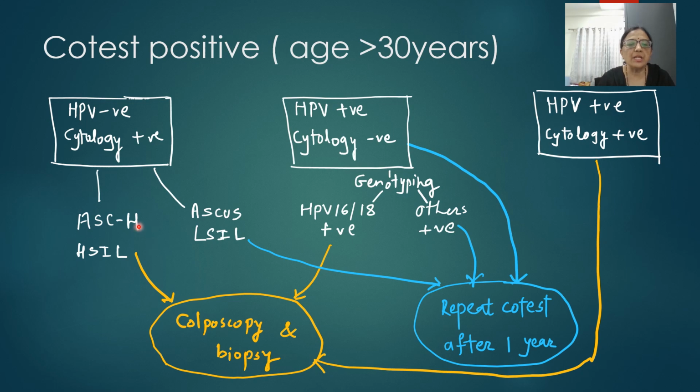Whenever H is there in the cytology report, it is a direct indication for colposcopy and biopsy. So if you understand the rationale, then it becomes easier, even without memorizing, to think about the next step in the flowcharts related to these tests.